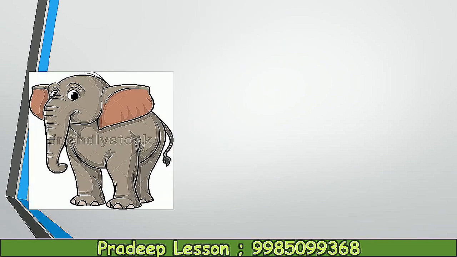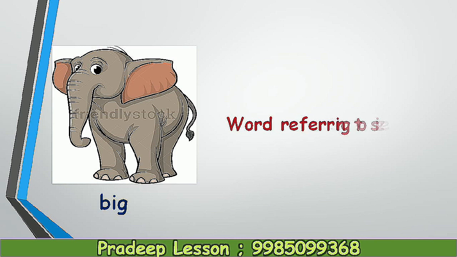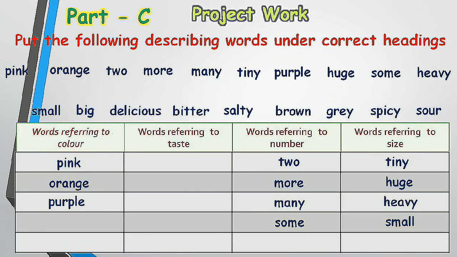Here a big elephant, this appears big, and big is referring to size. Here big goes to size.